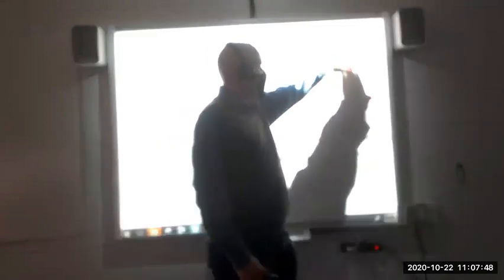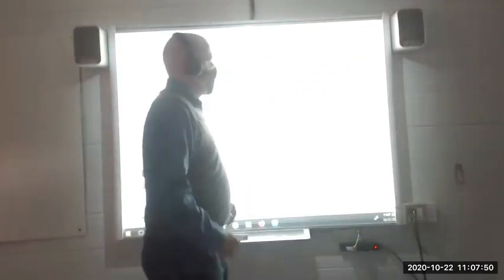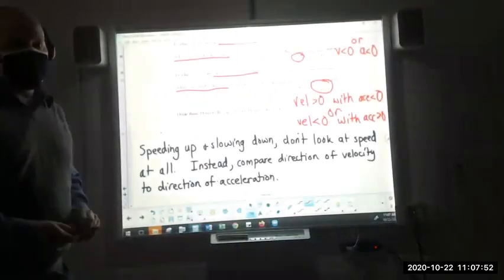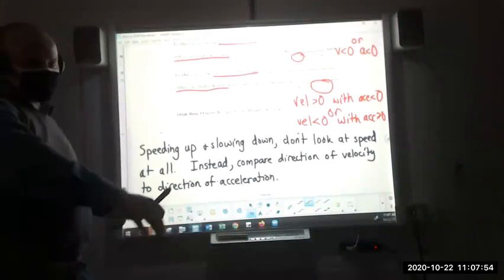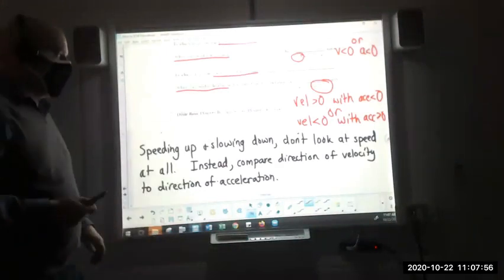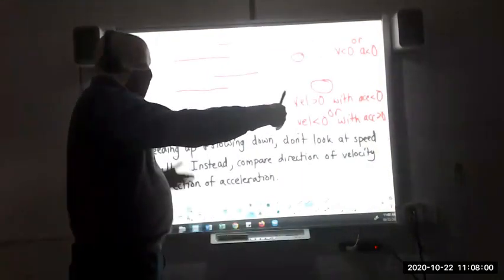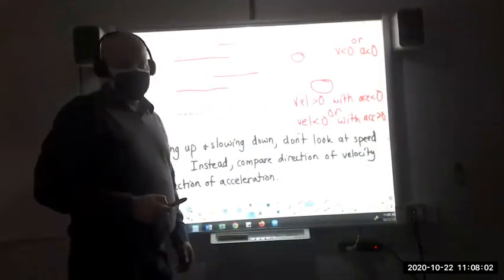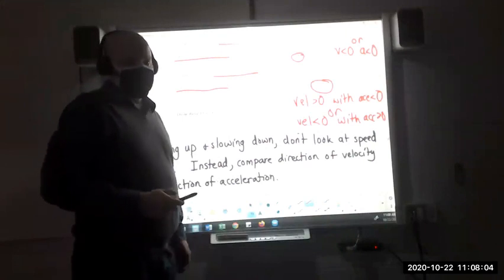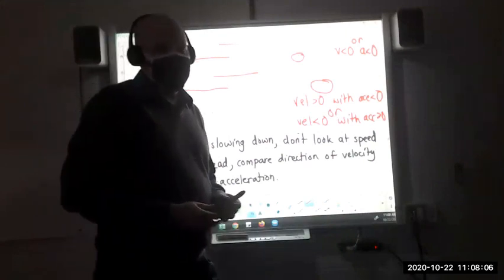In this case here, you've got a tailwind when velocity and acceleration are both negative because I'm moving left and the wind is pushing me left. Whereas in this situation, I've got a headwind. I'm moving right, but I'm being pushed left. So that's where the analysis of speeding up and slowing down comes from.